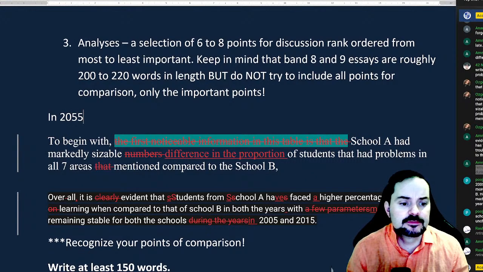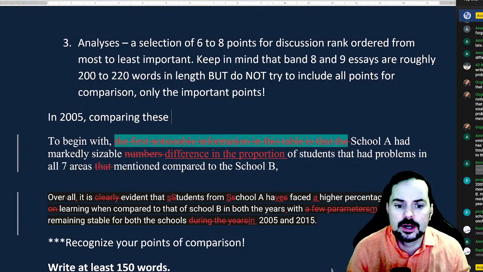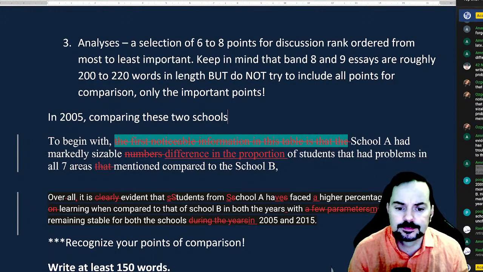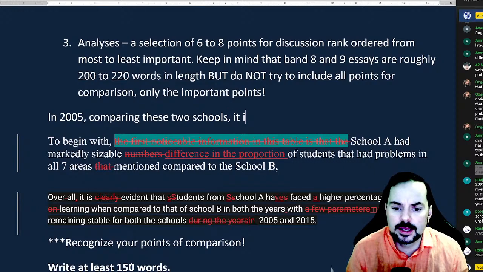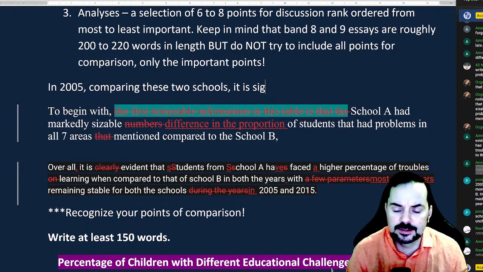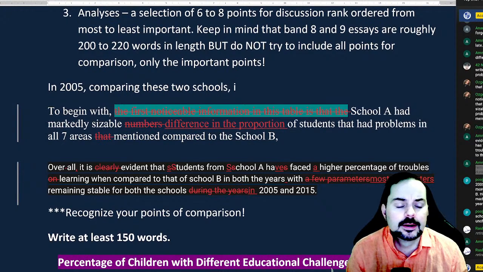So in 2005, comparing these two schools, let's rephrase this.